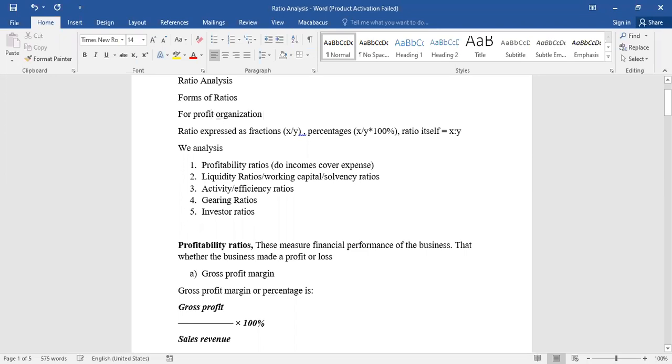As a matter of fact, the main objective of an entity is usually maximization of wealth. But this wealth maximization doesn't come from anywhere else.